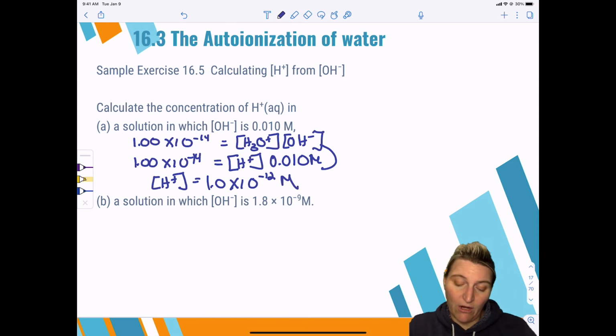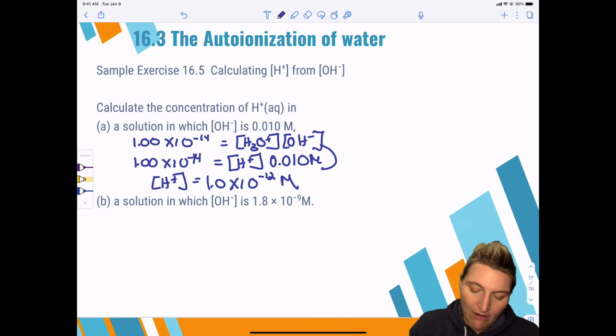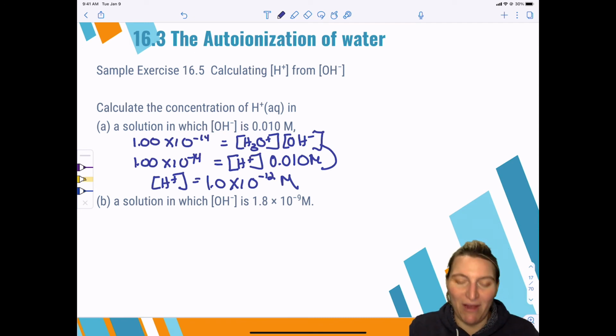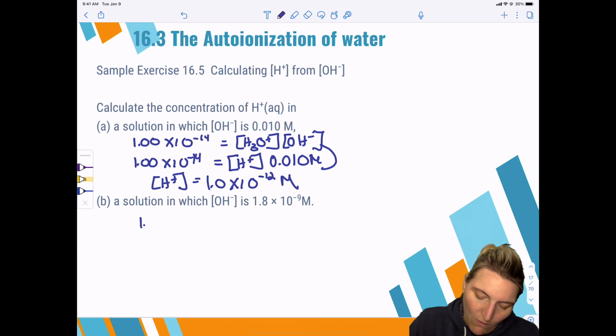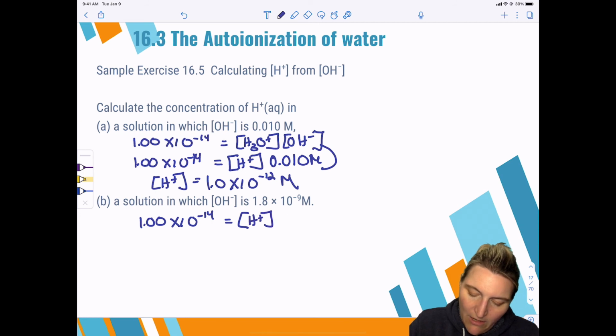The concentration of the OH minus is pretty high. Therefore, the concentration of the H plus is extremely low. Now the other way around: in this solution we have to find the H plus. So 1.00 times 10 to the negative 14 equals the concentration of the H plus times the concentration of the OH minus.